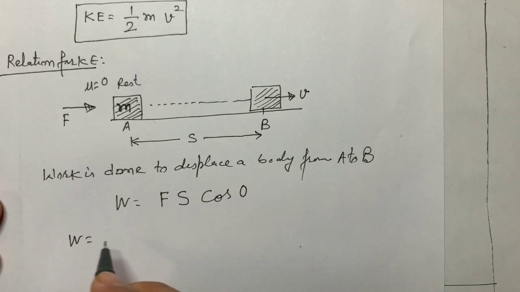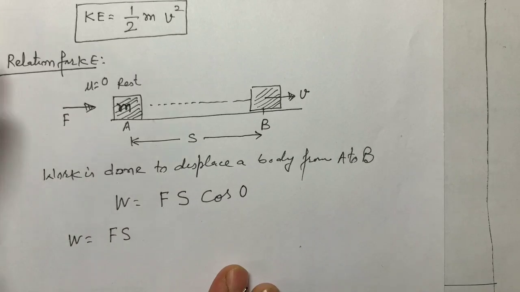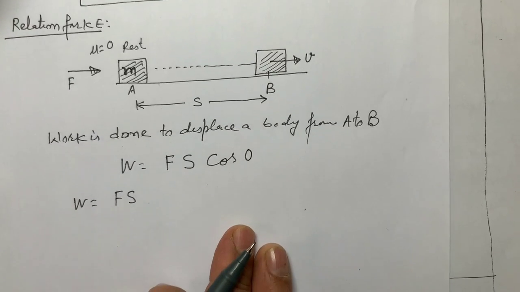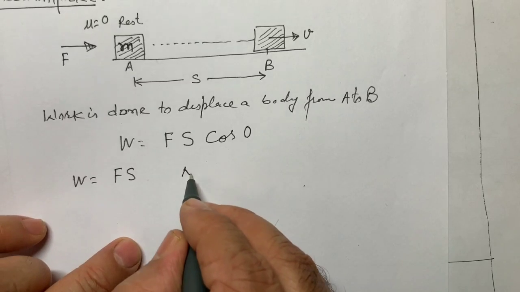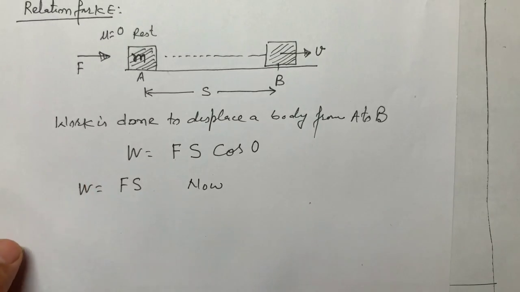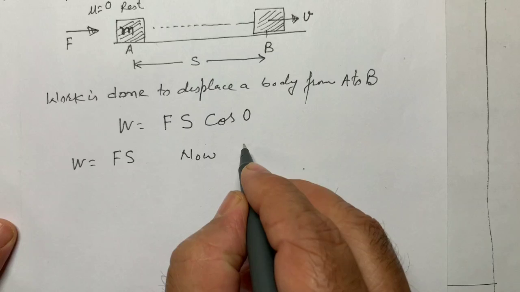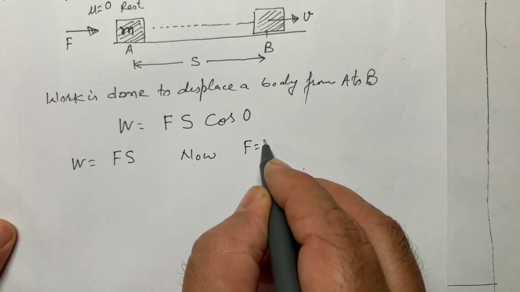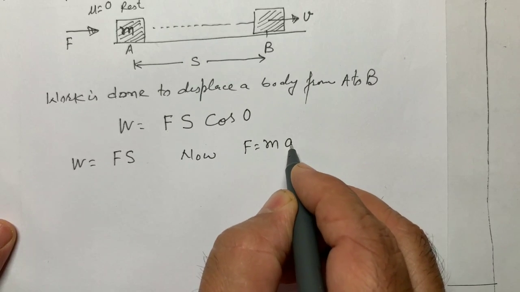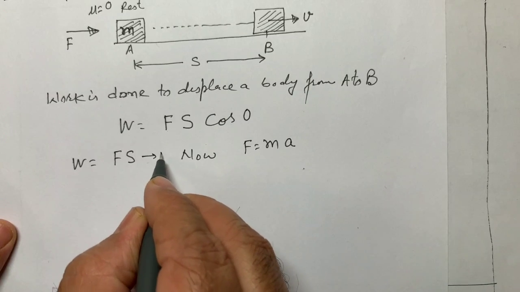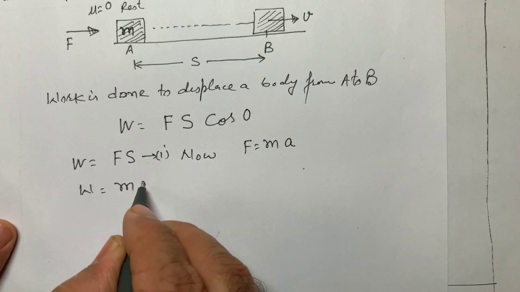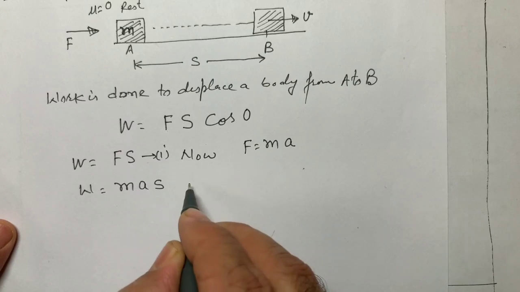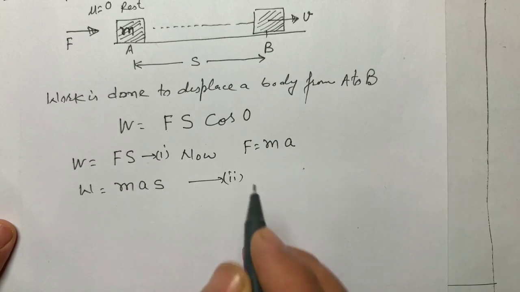So work is equal to F into S, because cos 0 is equal to 1. Now we know force F is equal to m into a. If we put this value here, we get W is equal to m into a into S. This is relation number 2.